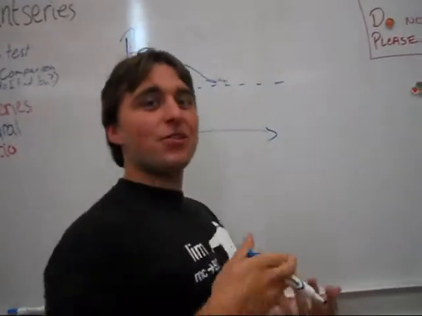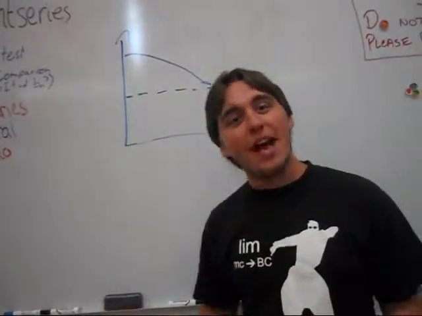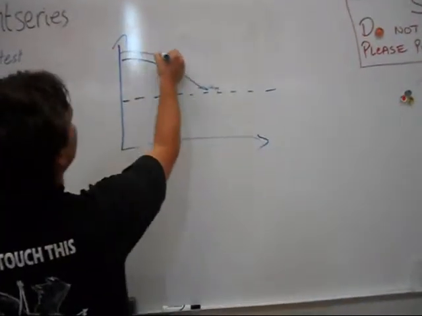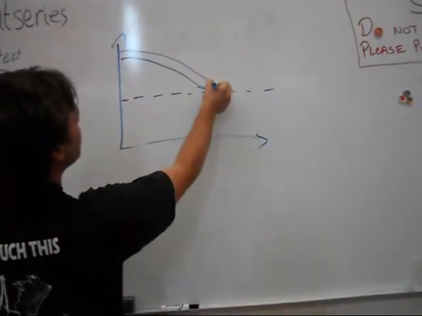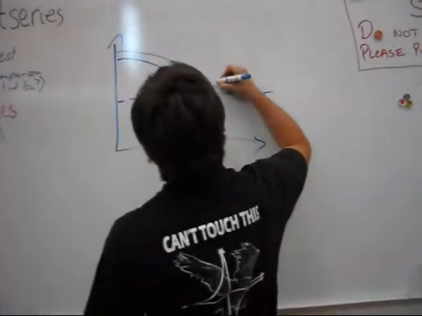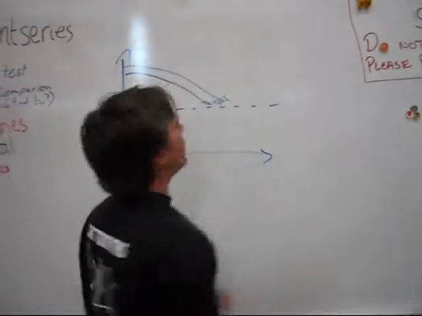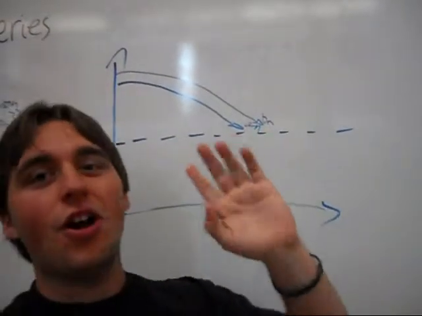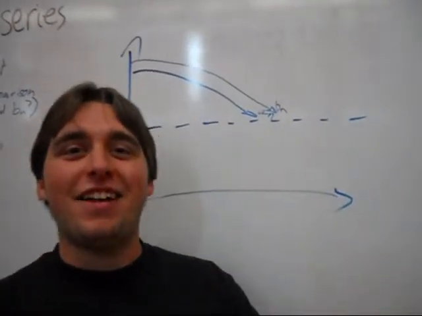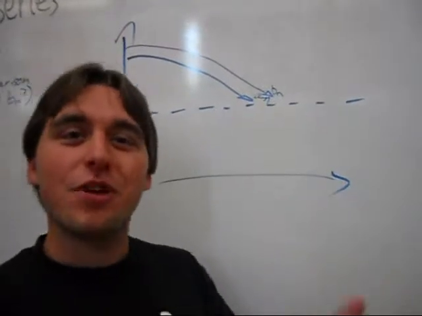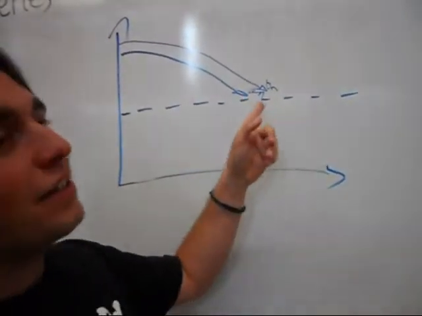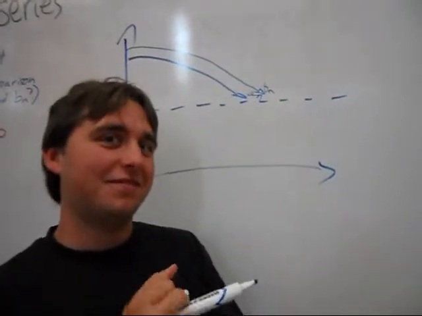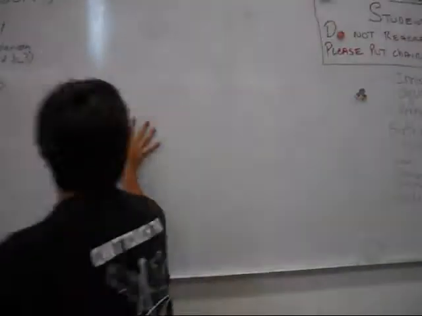So, to do the basic comparison test, you're going to have to choose another b sub n that crowds it, and that you know converges. B sub n. Now, since your b sub n is larger, and it also converges, it's reasonable to say that the a sub n converges as well. Is that okay?